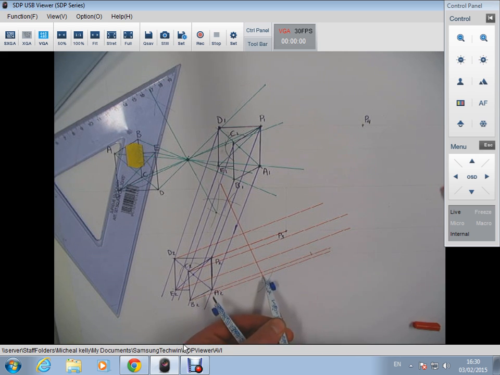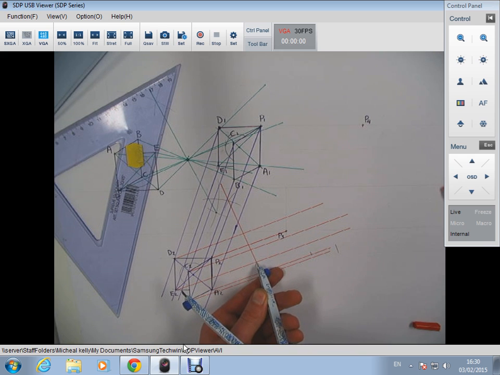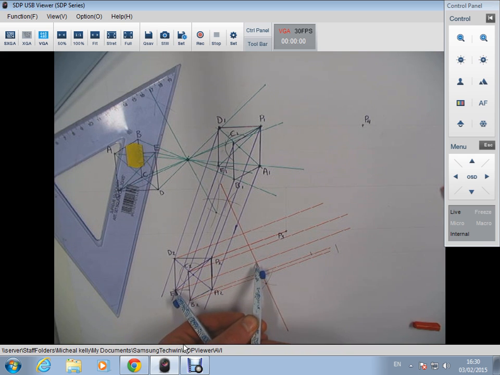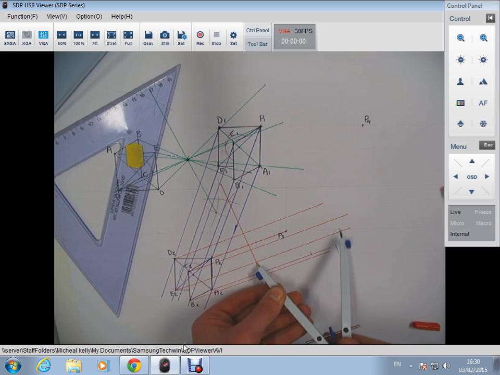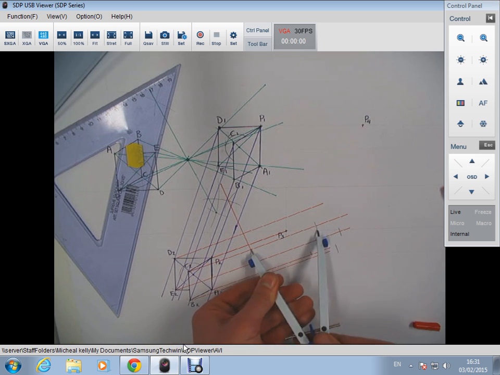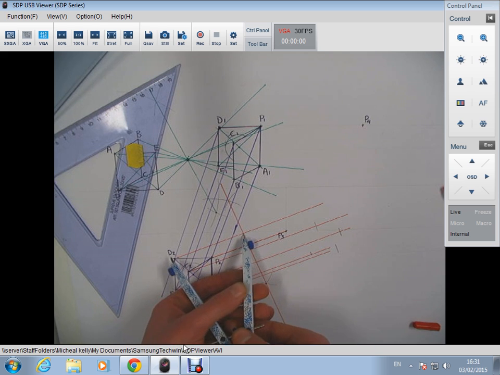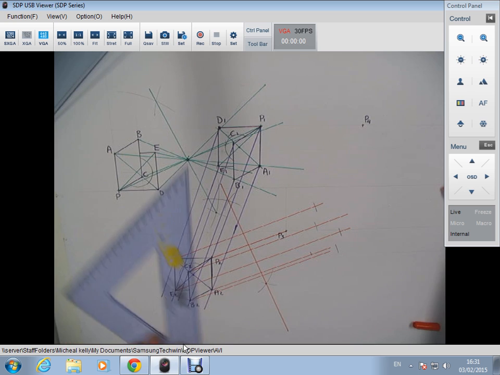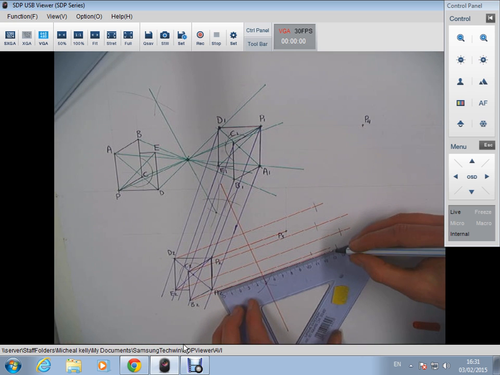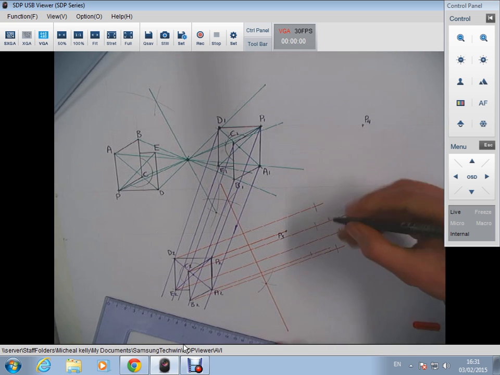For point B, from the line of symmetry to point B, same distance. Point E, point C, point D. Just extend the line B there so that it intersects, and index each of my points in the same order.